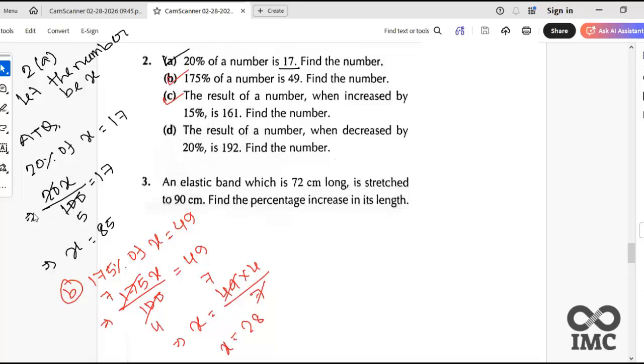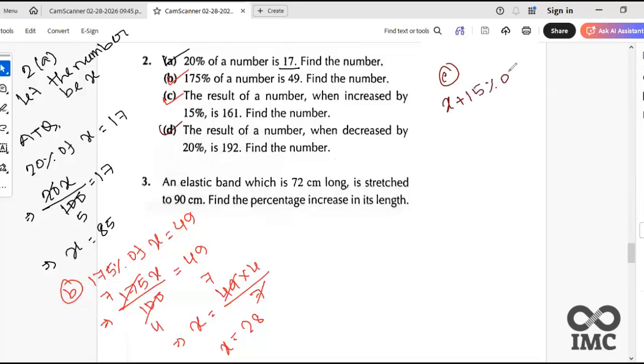Now number C. Number C says the result of a number when increased by 15% is 161. That means we need to find the original number. So when the question asks to find the original number, which one will be increased? So again, we'll write this in this way. A number x will be increased by 15%.